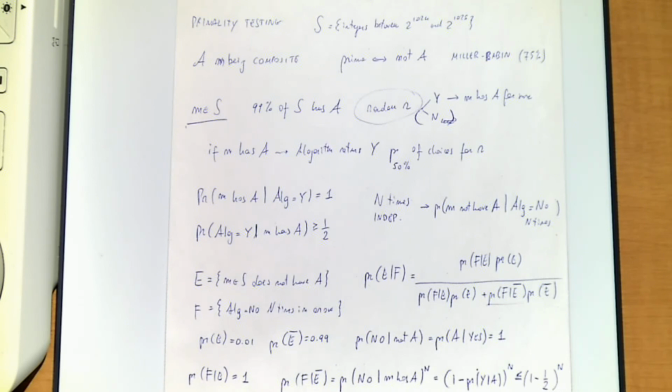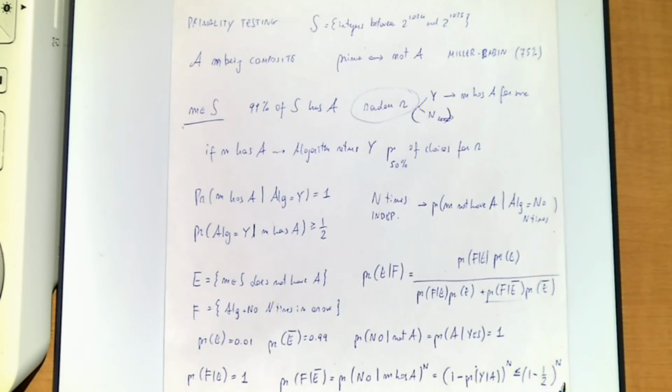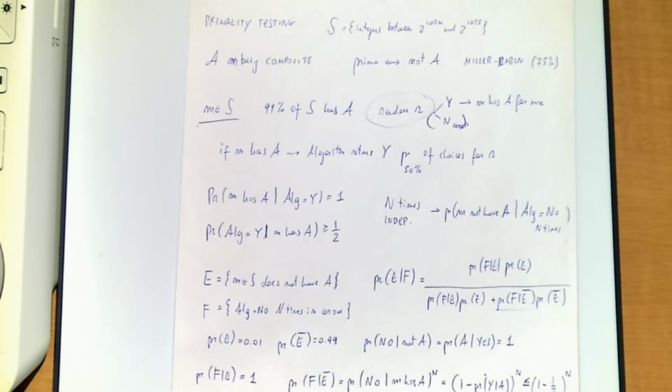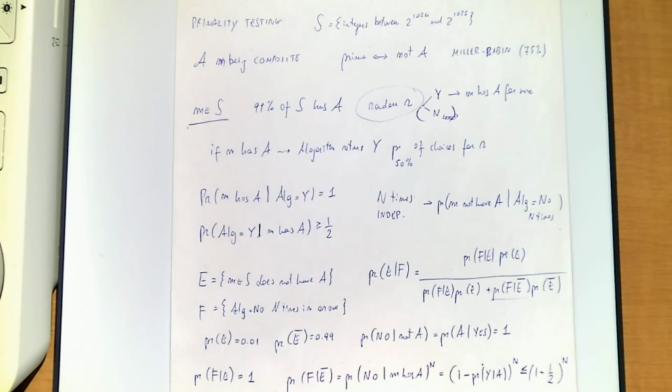So this probability is at most 1 over 2 to the n. If n is big enough, which is why we want n big enough, this probability gets really, really small. Of course, if I test just once, I could be unlucky. But if I test many, many times, then I have pretty good confidence.